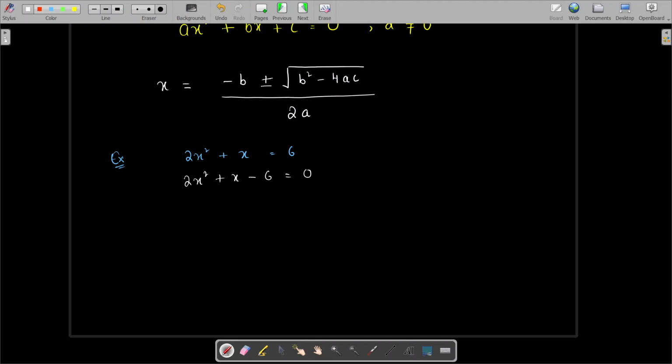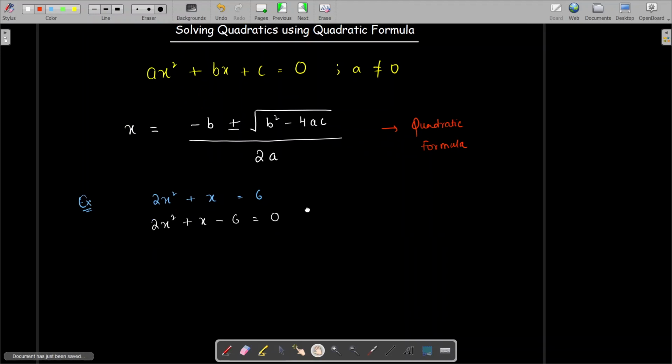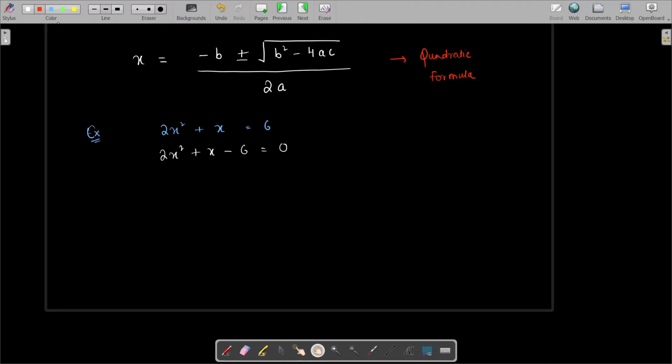Oh, and by the way, this is your quadratic formula. This is the famous quadratic formula. It's the straightforward method to find the solutions of a quadratic equation.